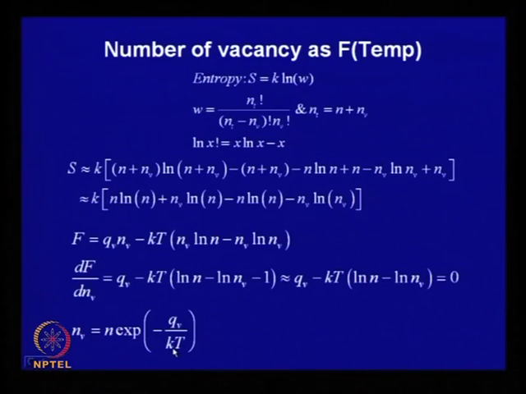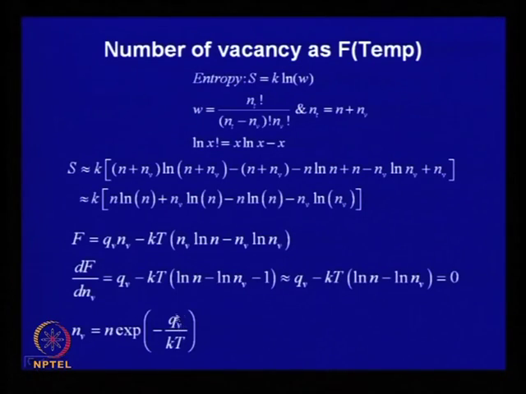K is the Boltzmann constant, which is known, and suppose for a metal, say copper, you try to find out its number of vacancies, and Q_v could be around 100 kilojoules per mole.